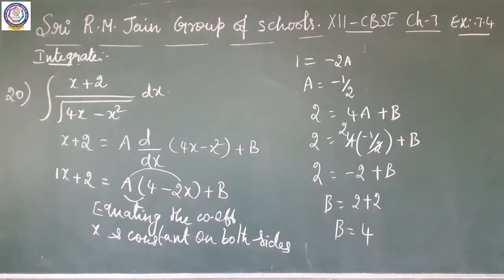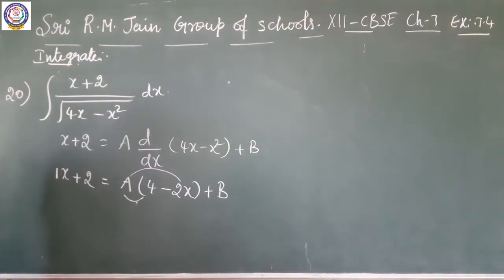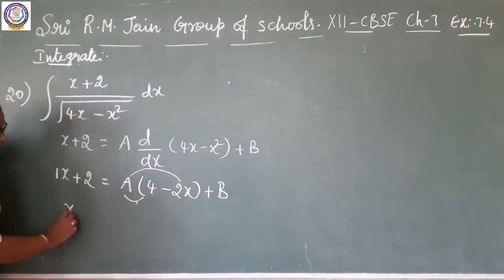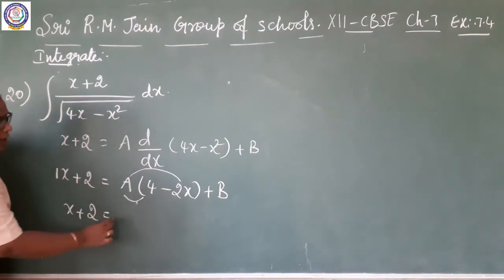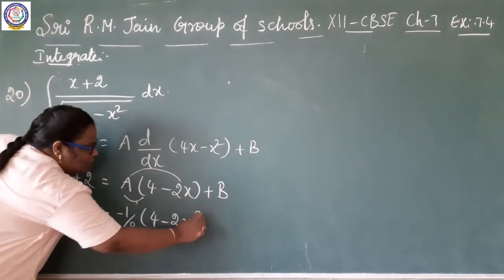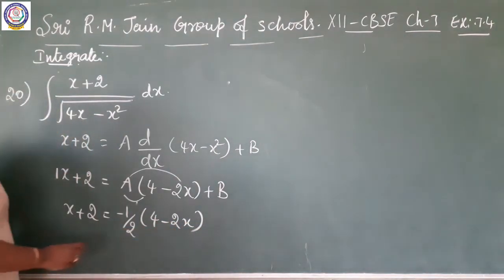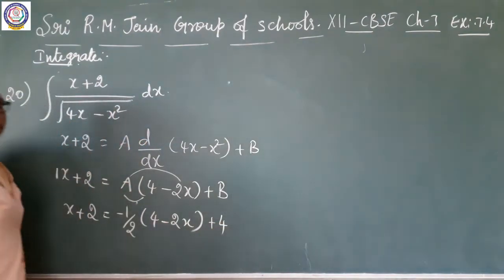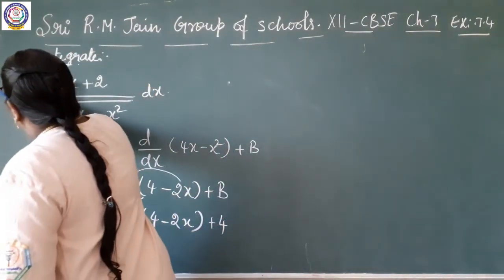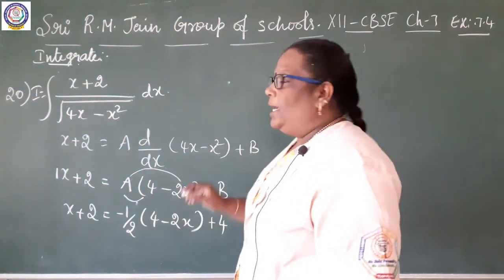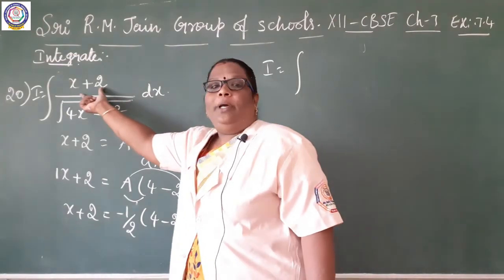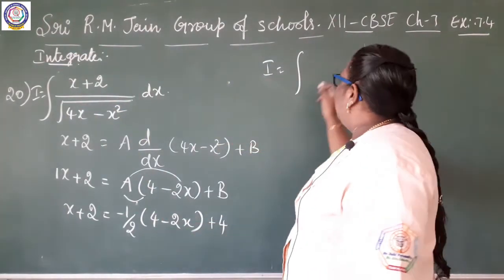So, you substitute the values of a and b here. Numerator x plus 2 equal to minus 1 by 2 into 4 minus 2x, b equal to plus 4. So, I equal to the integral, that numerator you changed into what?